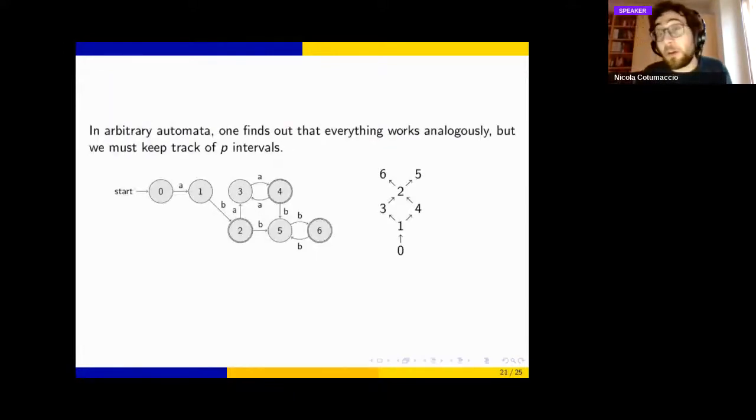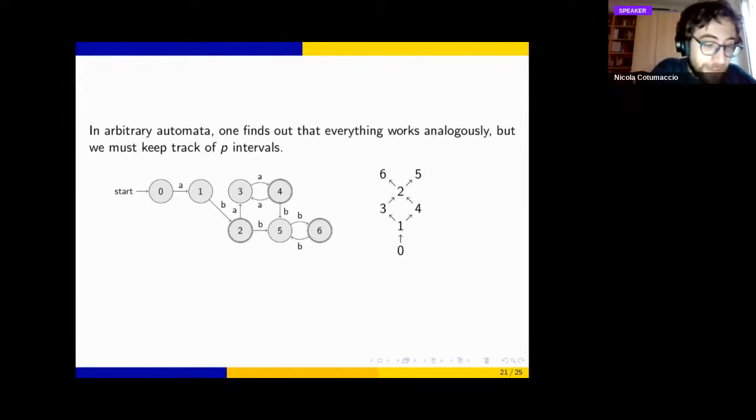And now the only difference for a generic graph is that in the worst case, I need not keep track of just one interval, but I need p intervals. And now I don't have time to show details, but what can be shown is that actually all compression and indexing properties of Wheeler graphs still work.